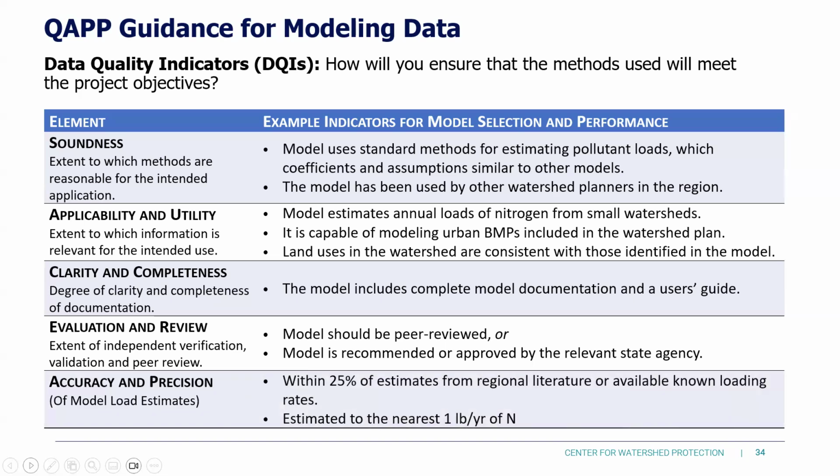Yeah, accuracy and precision. This one's kind of crossing over. We want one that's going to be within 25% of estimates from literature for loading rates, and it estimates to about the nearest pound per year of nitrogen.